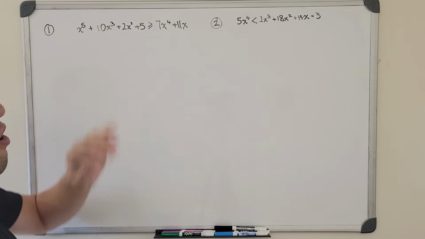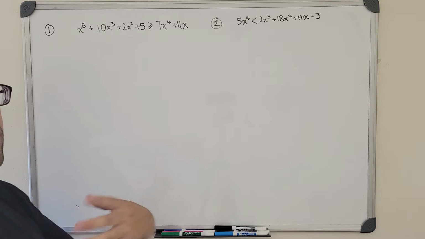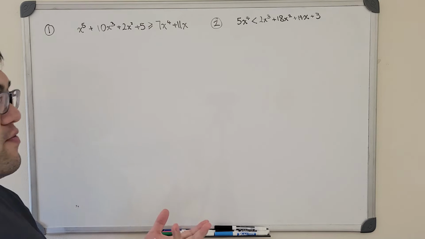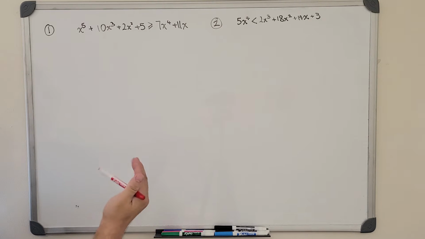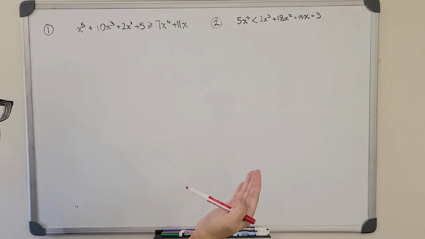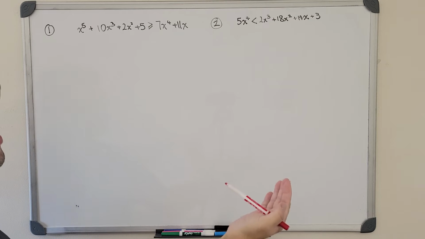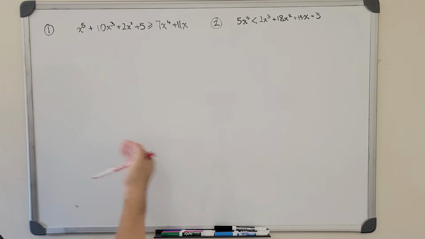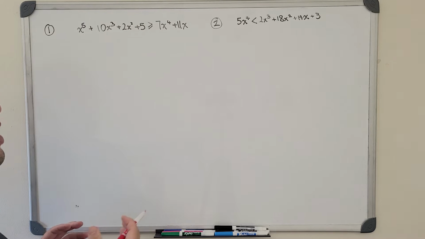Well, first of all, in order to use the trick that we learned in the last video, we first need to make sure that one side is 0. Usually we'll put the right hand side to be 0, and then for the left hand side, we would like to break the expression into some terms.